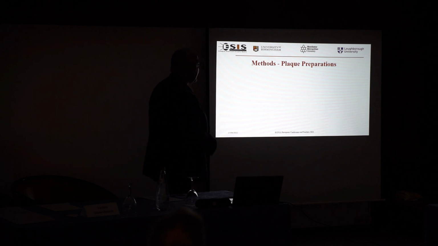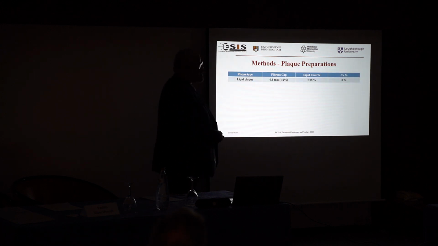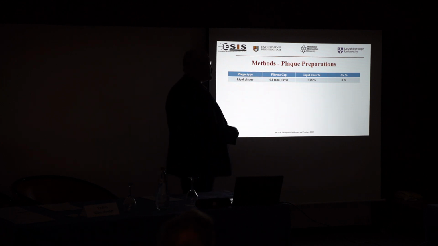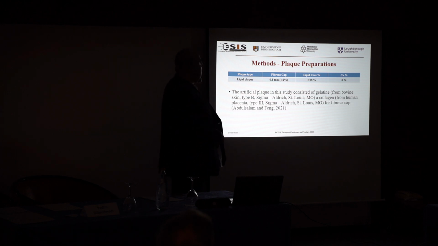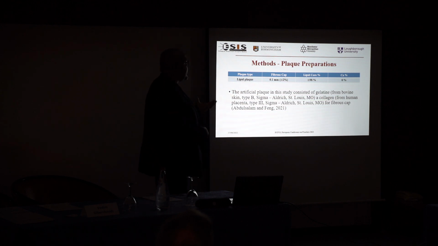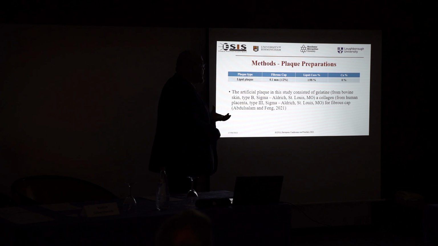In this study, we first prepared the artificial plaque with 98% lipid, which is mostly lipid, with no calcium, and the fibrous cap is 0.1 millimeter. To fabricate this lipid plaque, we used gelatin from bovine skin and collagen from human to fabricate the fibrous cap first.